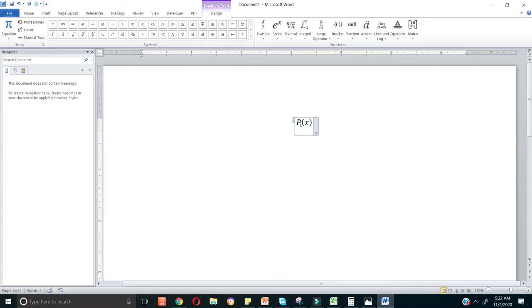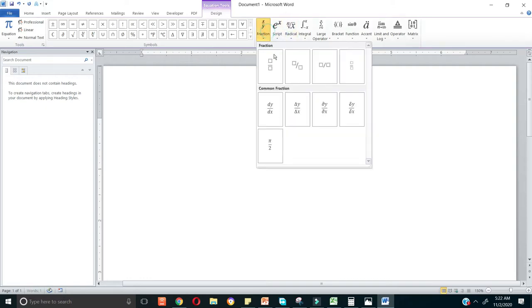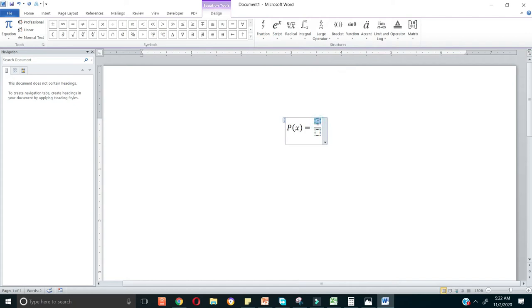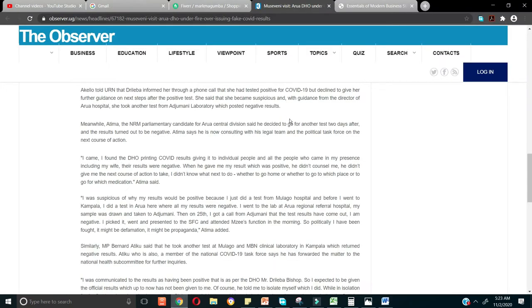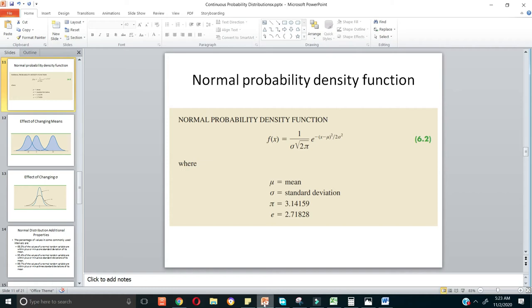It is equal to 1 over sigma root 2 pi e. I actually also have to check this. It's not something that you can easily put in your head.